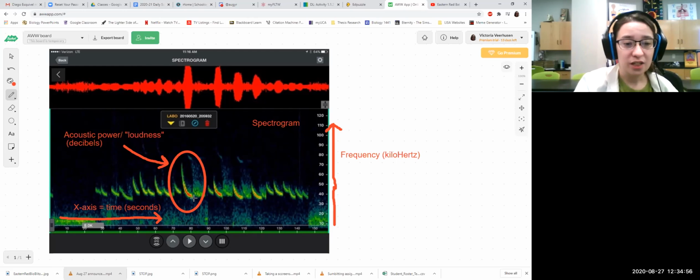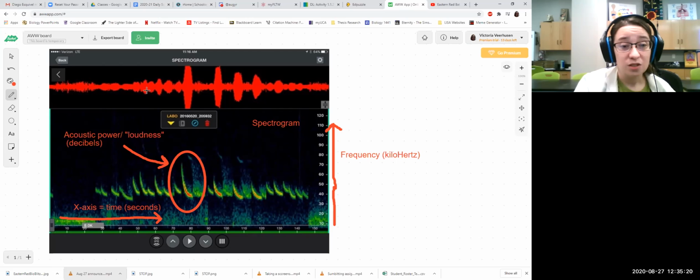Now, you can see here too, this isn't just indicated with color. Color indicates the variable of loudness.